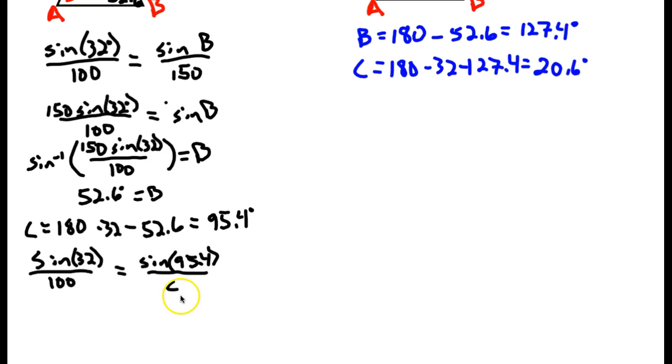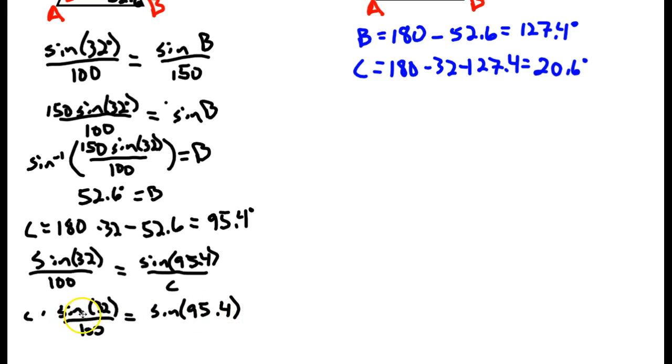So first, if I multiply the c over, c times sine of 32 over 100 equals sine of 95.4.